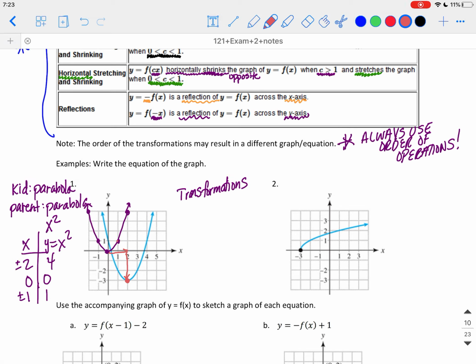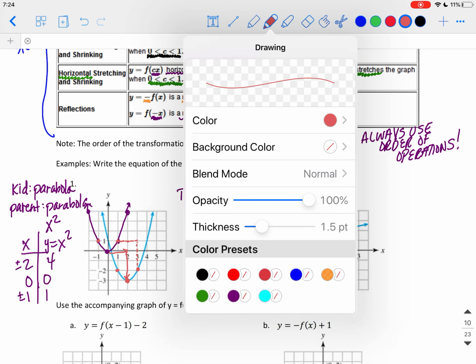Same thing with this one right here: 2 units to the right and 3 units down to end up here. And the same thing with this one. It ends up right here, 2 units to the right and 3 units down. So let me write that down.